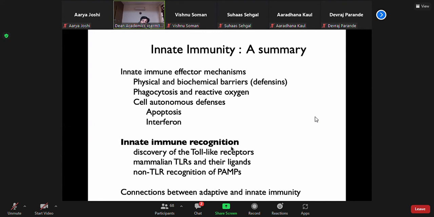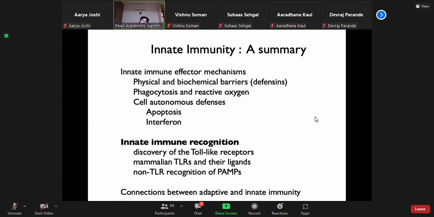This is not to say that if you adequately control these microbes by engaging your innate immune system, you don't need to induce your adaptive immune responses, because the macrophages, APCs, and other cells which take up these antigens, right? They can then engage specific TCR expressing cells, activate T cells.